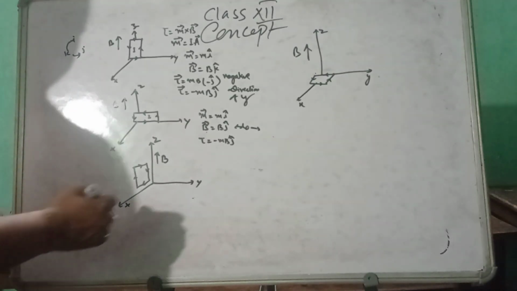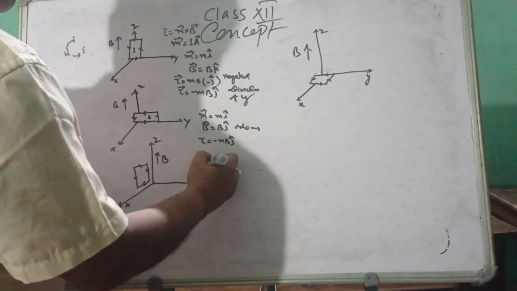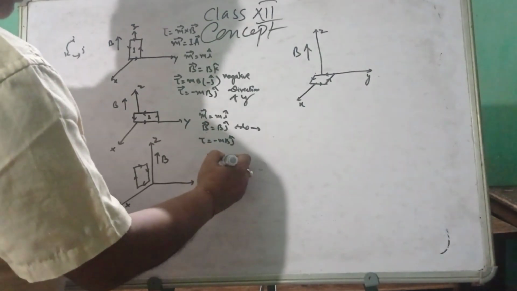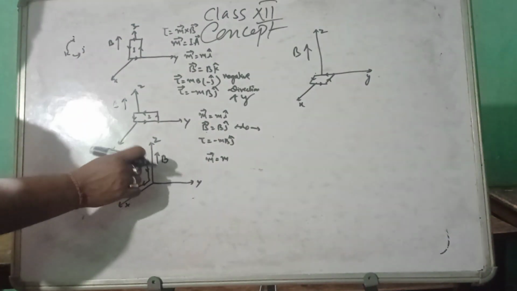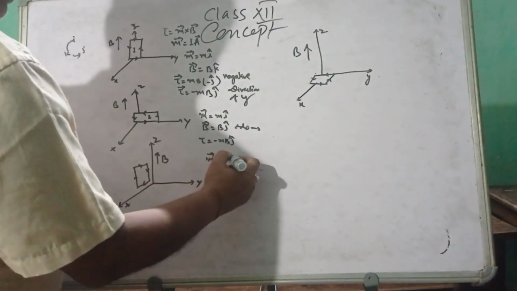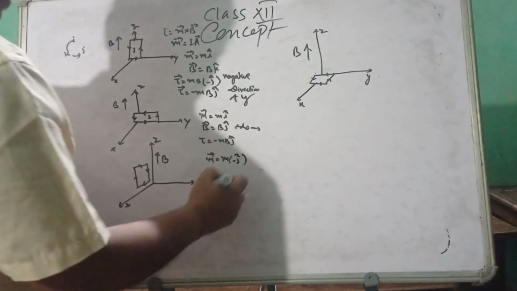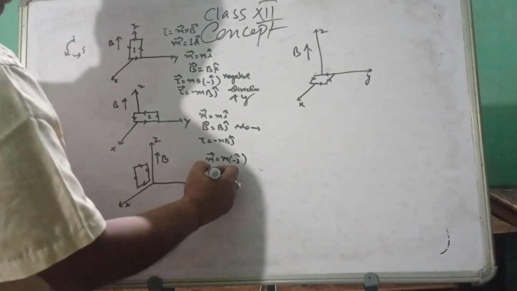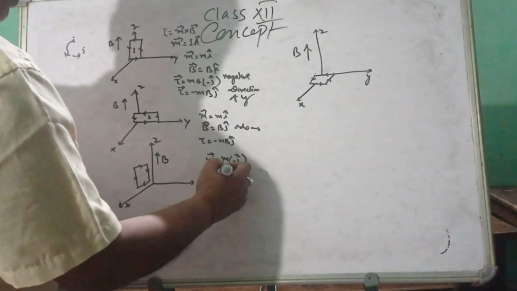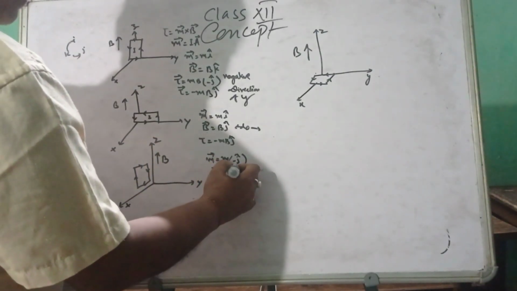So here your magnetic moment is equal to M. Here you see clockwise, so it is minus J cap, and your magnetic field is B J cap.